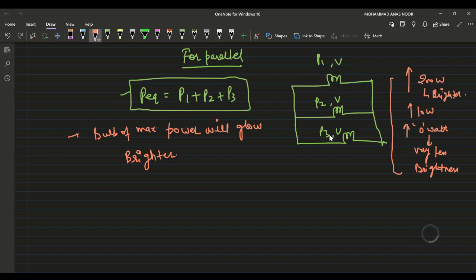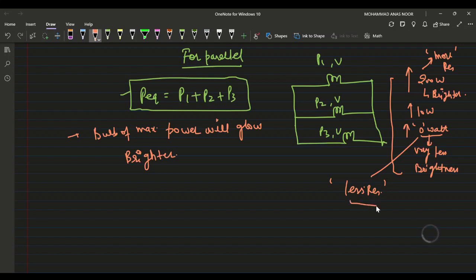Otherwise, you can think like this: since this is a very low wattage bulb, it has less resistance, and this is a high power bulb, it has more resistance. Then why does it not glow brighter?